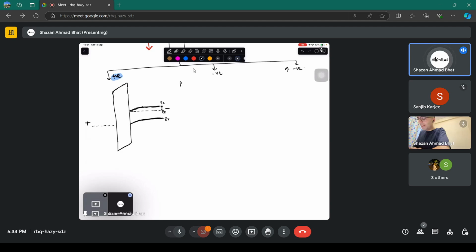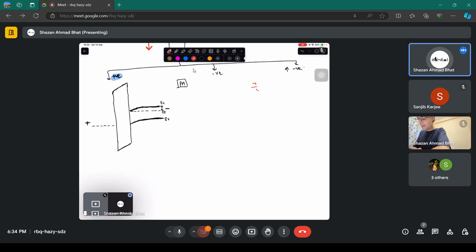You know from PN junction concepts that when there is a bending in the depletion region, the slope gives you the electric field. So the electric field is directly proportional to the slope of this conduction band. You know this from basic electrostatics, and it also gives you the direction.